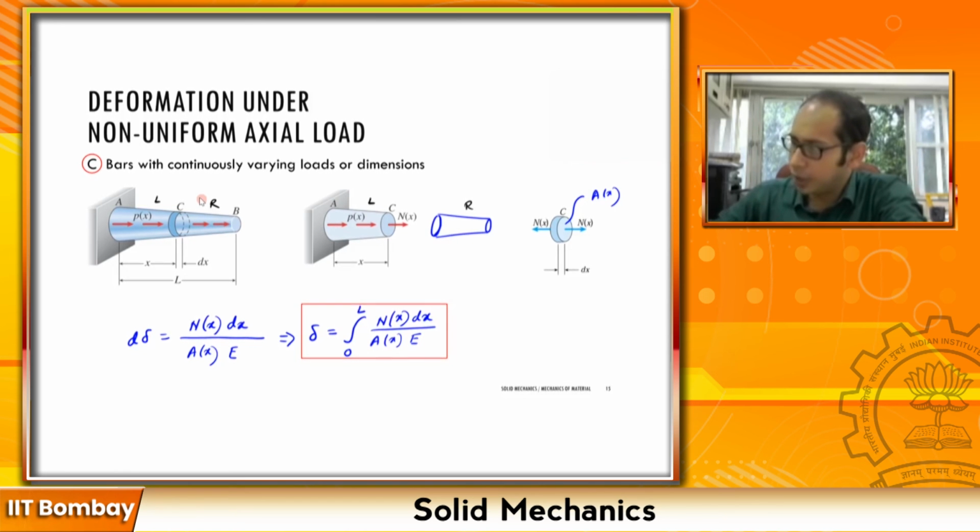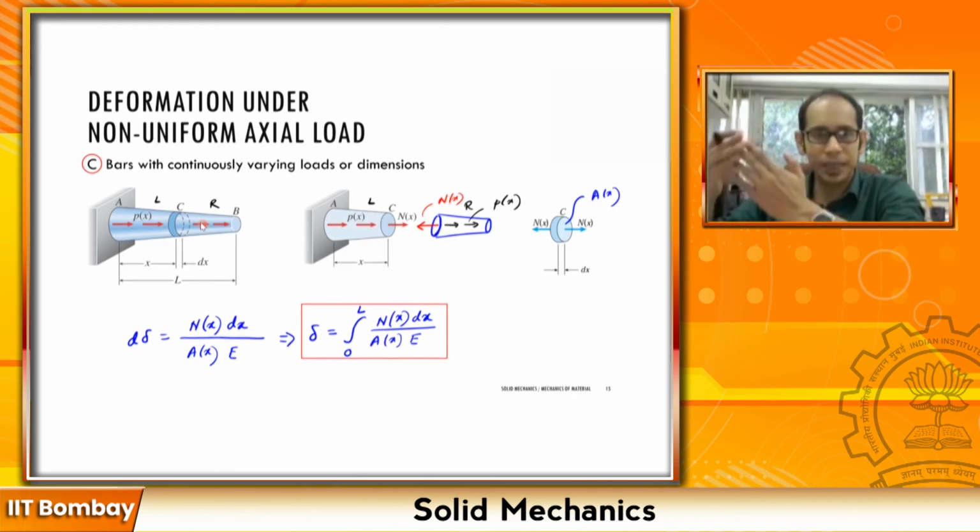Here also, just to balance it out, I am going to have this load of N(x), right? Now remember that here I have this small p which is acting throughout. So let me mark that also. I have this small p(x) which is acting throughout.